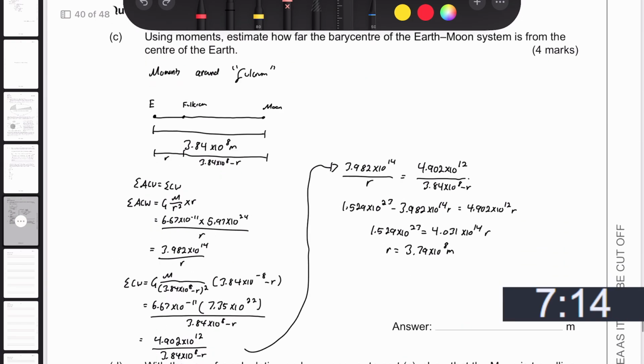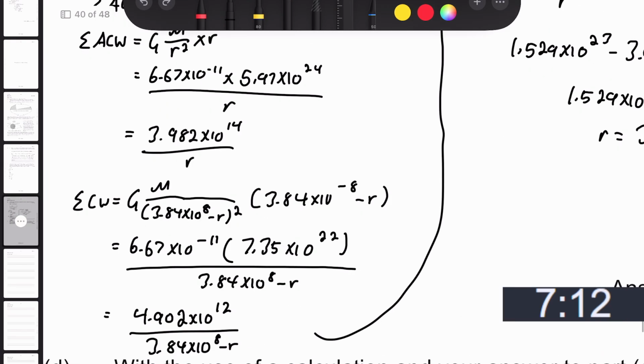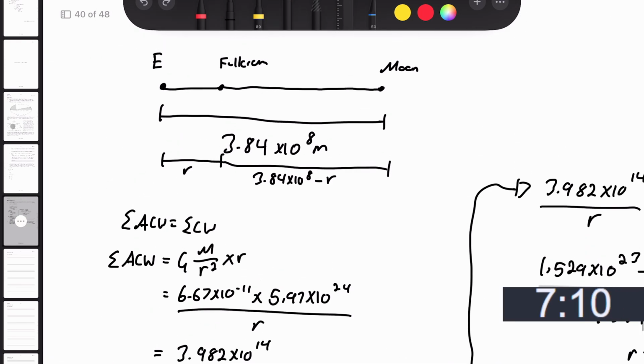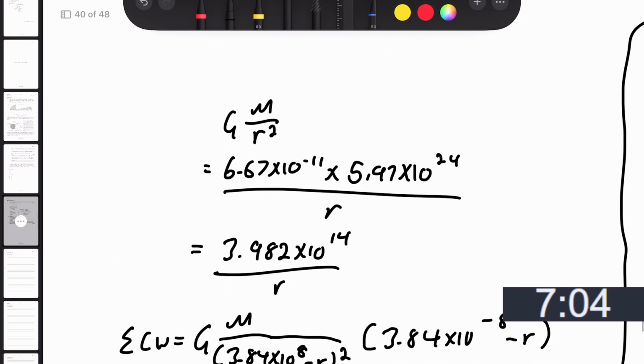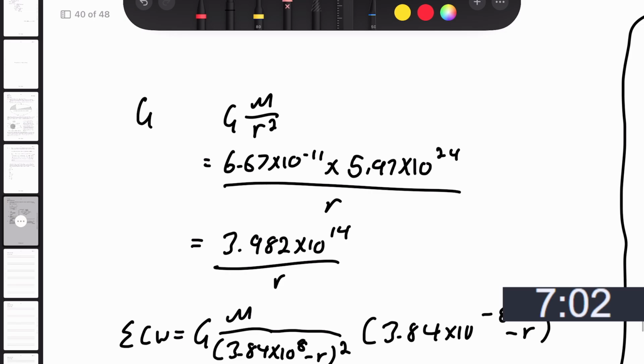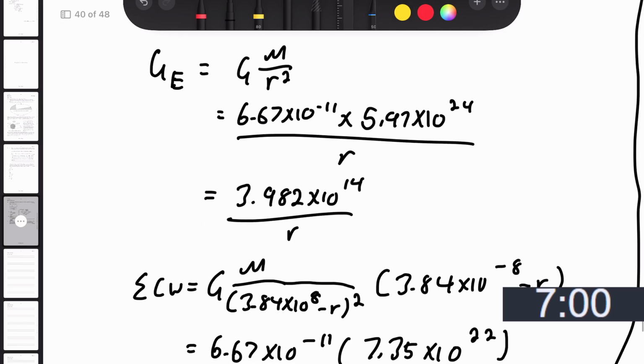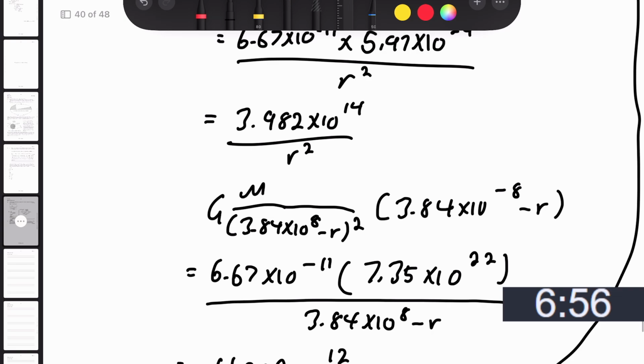Oh wait, no, this would be when the gravitational field strengths are equal, right? So let's say G of that over R squared, and this can be G of the moon.